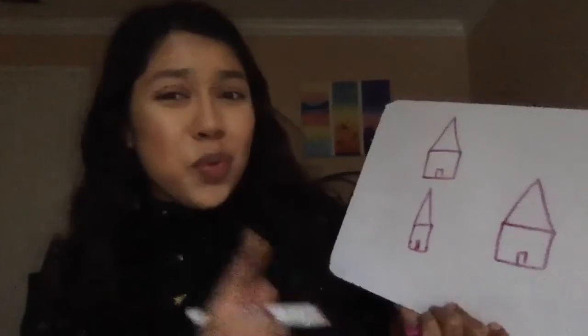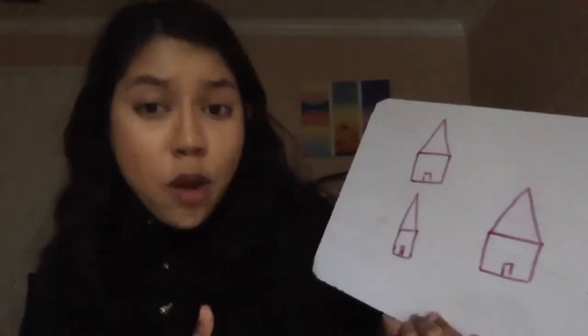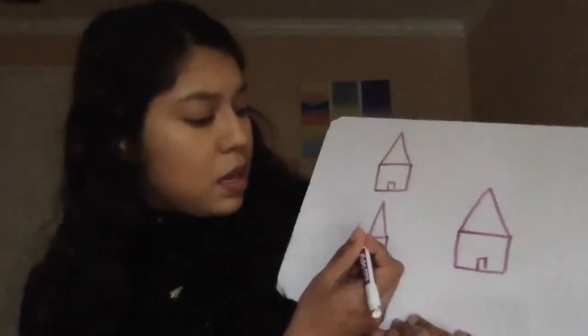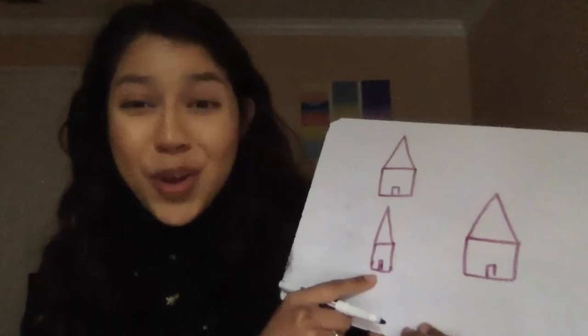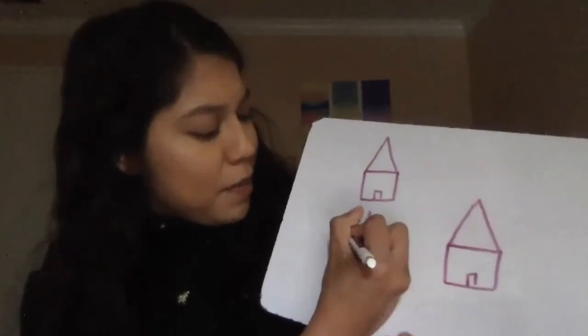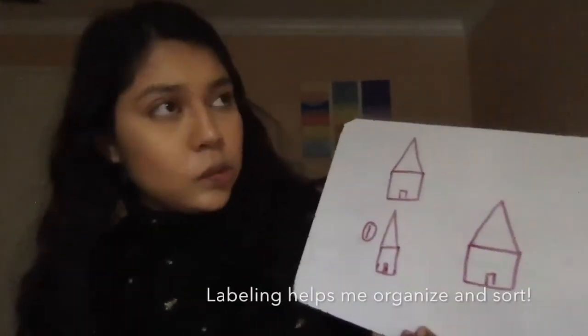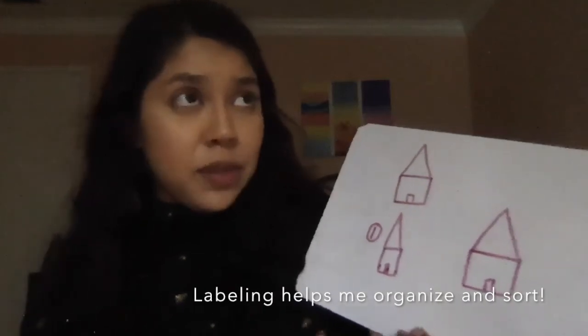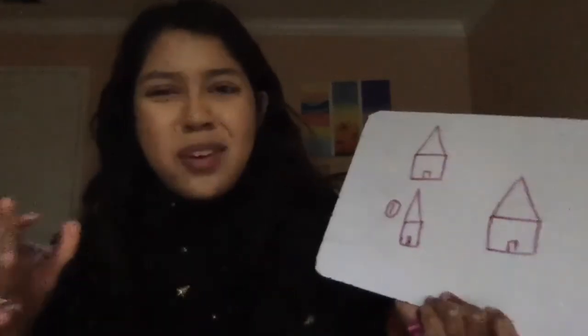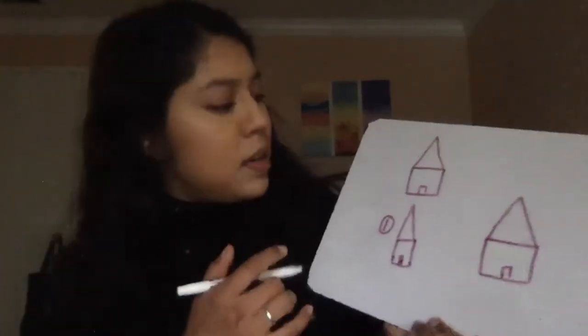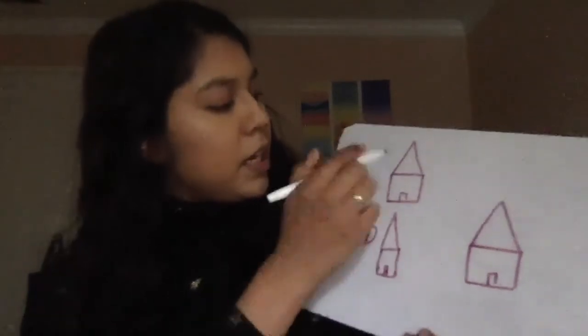So I'm going to label. I'm going to start with 1, the narrowest house. This one is so narrow, I'm going to put a 1. Now, the next one should not be the widest, but should not be the narrowest. Here we go.